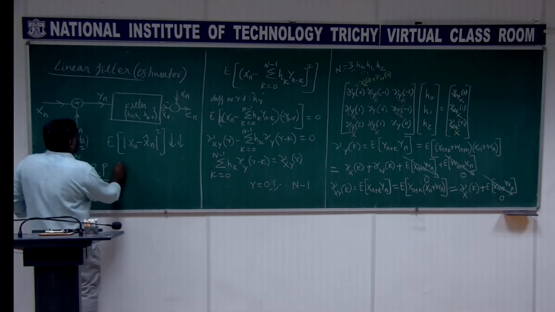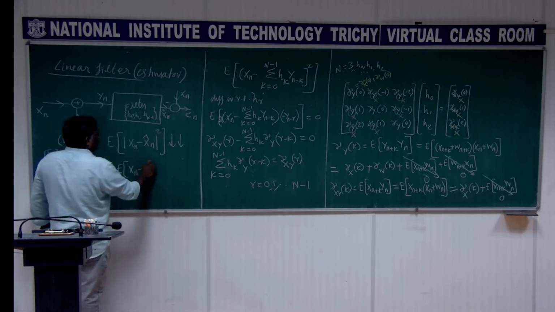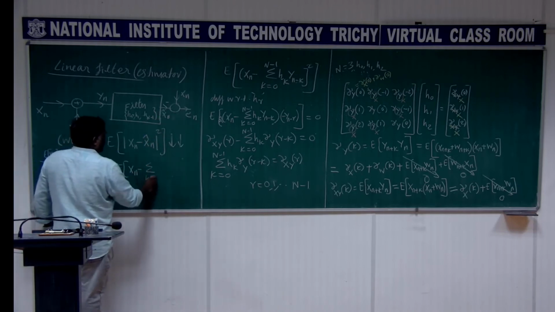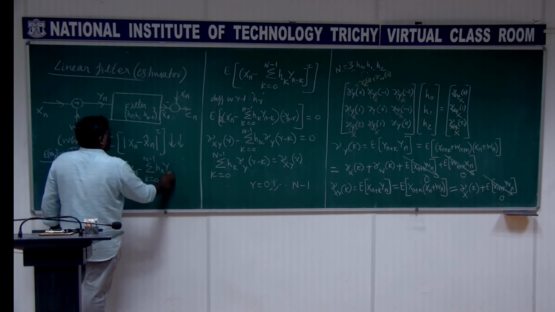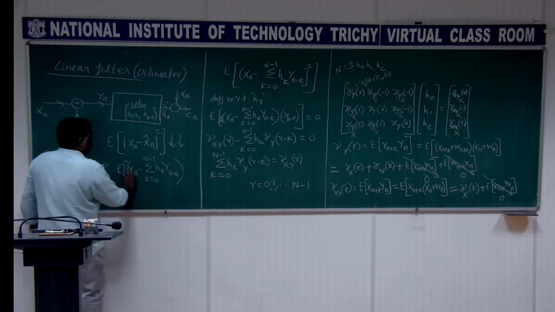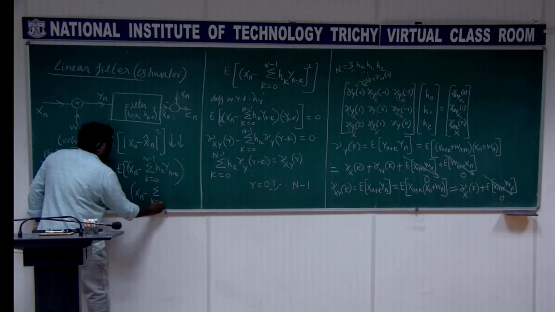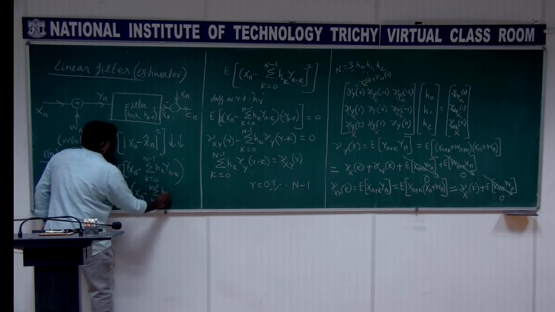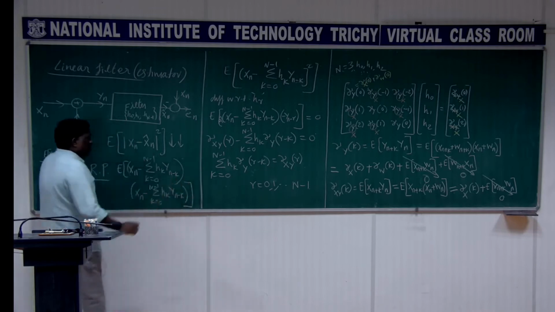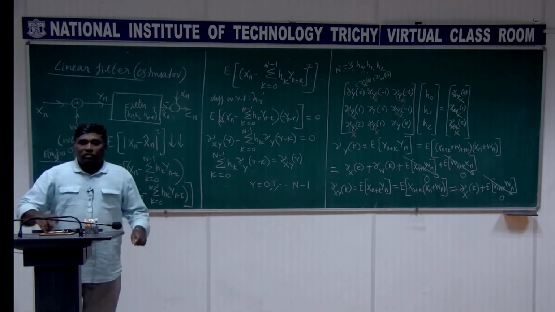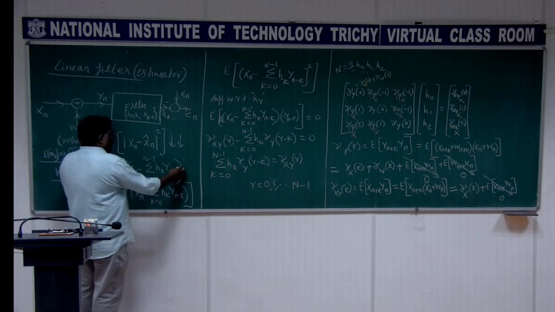This one is the expectation of xn minus, I write that expression, sum over k equal to 0 to n minus 1 of hk yn minus k. The whole thing gets multiplied with the same again, xn minus the sum of hk yn minus k. Now if you closely see this, this is the error vector.